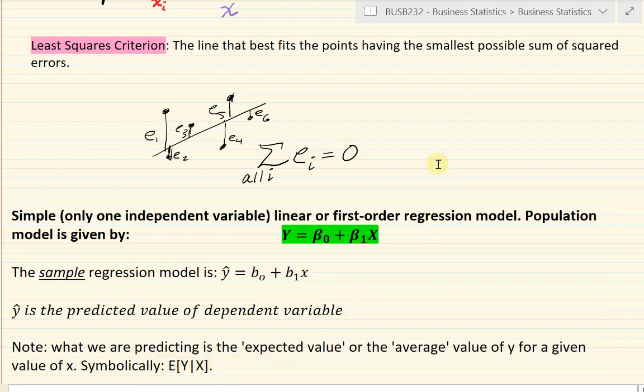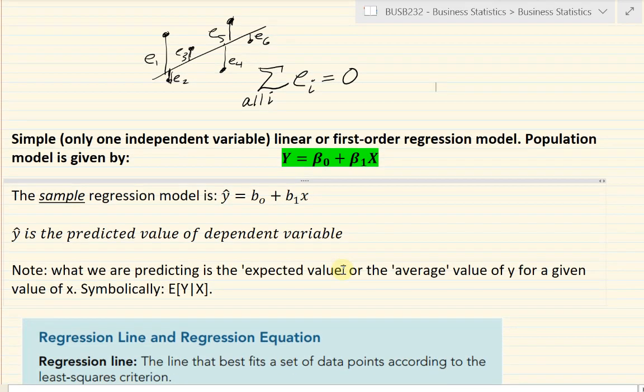So for example, when I predict the FICO score of a 30-year-old, we've got millions of 30-year-olds, right? So what am I predicting? Which one of them? Well, we're predicting the FICO score of an average 30-year-old, the average person.